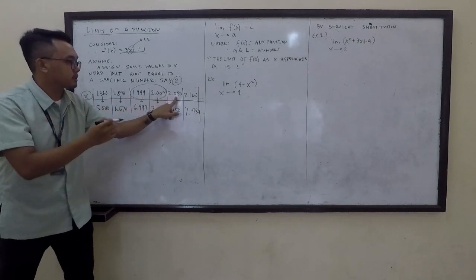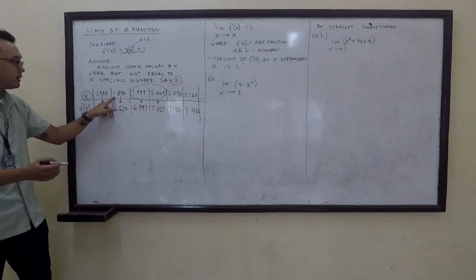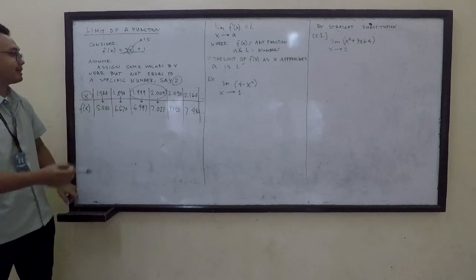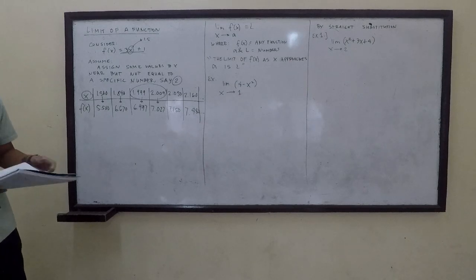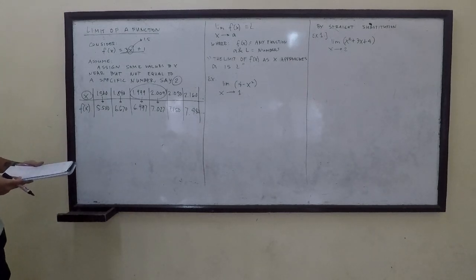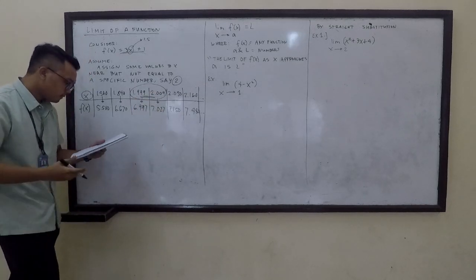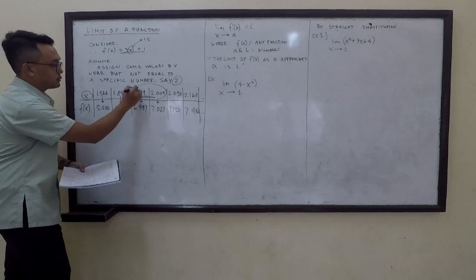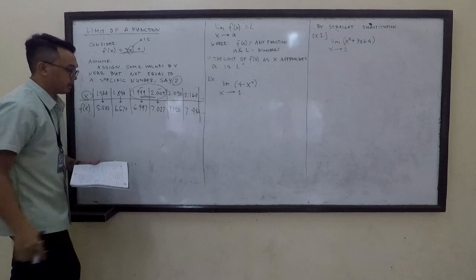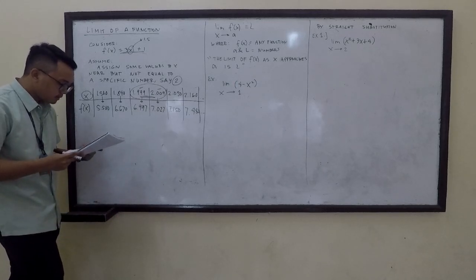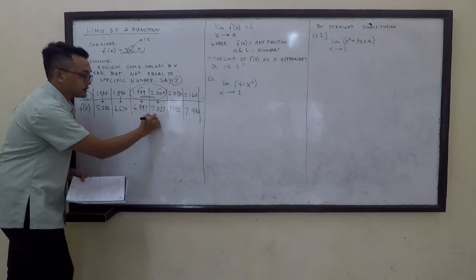Then 2.050 is a bit farther away, and 1.89 is a bit less than 2. So, therefore, we can say that the table shows that when x is near the value of 2, whether a little less than or a little greater than 2, f of x is near to 7.